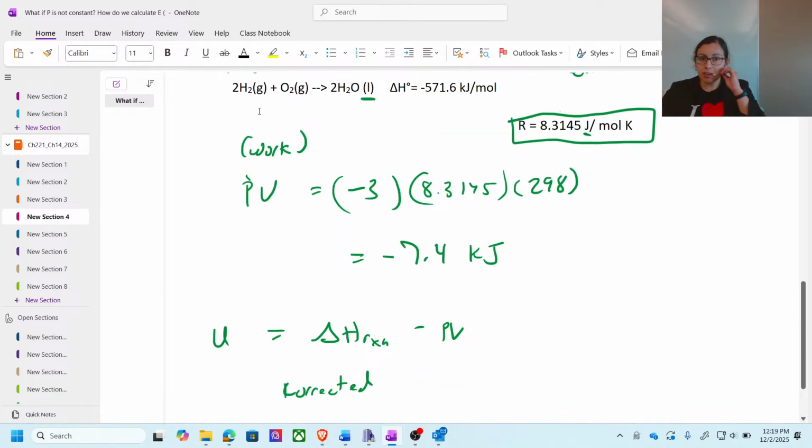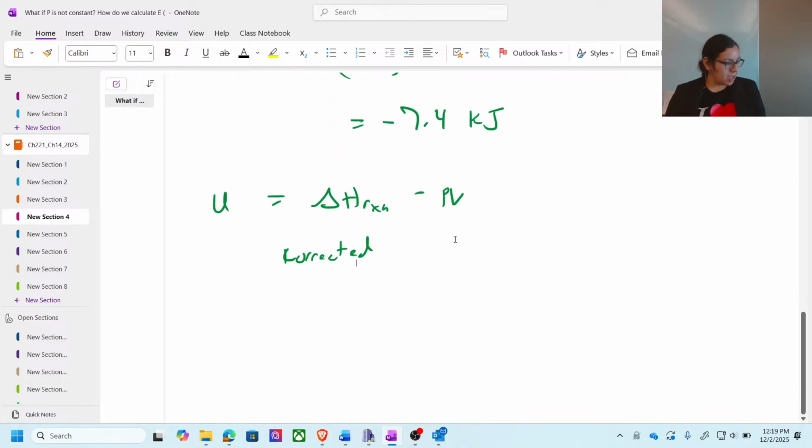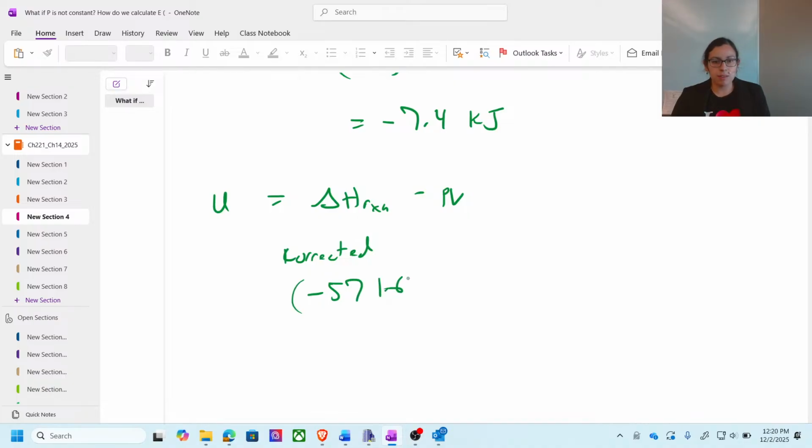So that's fine. You can calculate this mathematically too, just like we did before. You look at your standard enthalpies, products minus reactants, to give us that. And so then we have -571.6, and then minus.